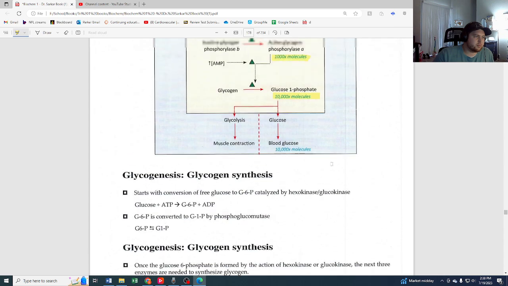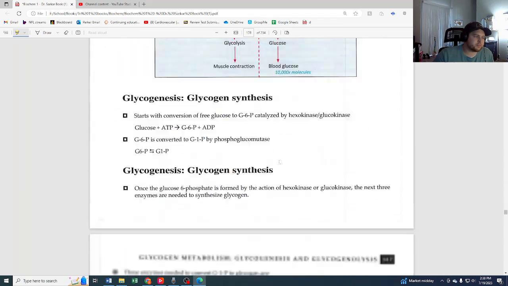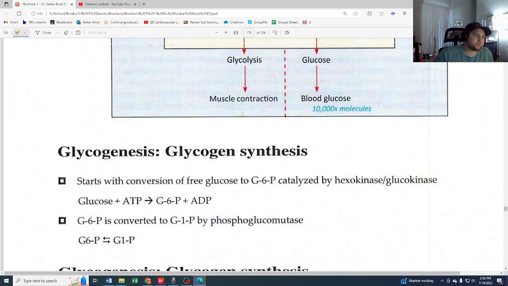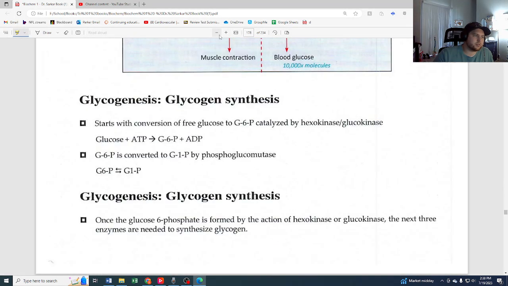Okay, we talked about breaking down the glycogen. Now let's talk a little bit more about the synthesis of it. So glycogenesis or glycogen synthesis starts with the conversion of free glucose, so free just meaning that it's out there, it's open, to G6P catalyzed by the hexokinase or the glucokinase.